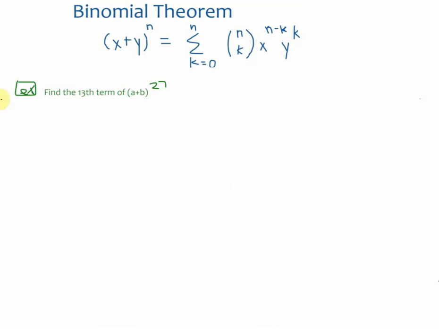Now first of all, the first thing we need is to write out the binomial theorem. And remember that we're creating a formula for finding each term, right? I showed you that in the last one. So we need this written out, where k equals 0 is your first term.